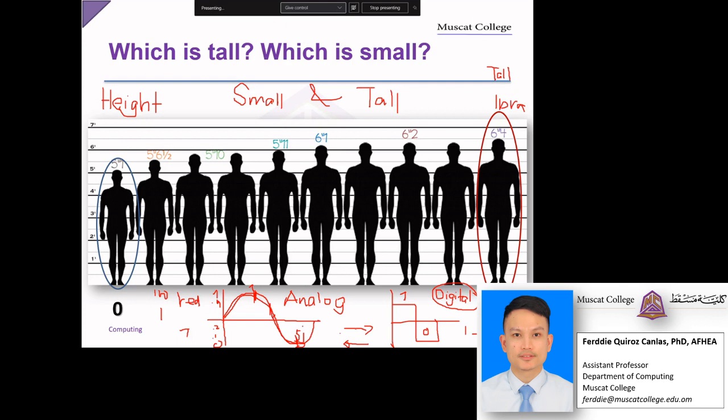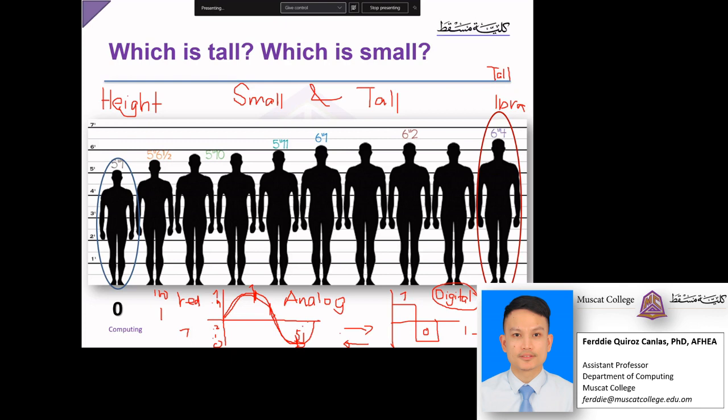So our goal in fuzzy logic is how do we convert real life values like height, weight, distance into computer format, which is 1 and 0, ranging from 0 to 1. Okay, this is our concern with fuzzy logic.